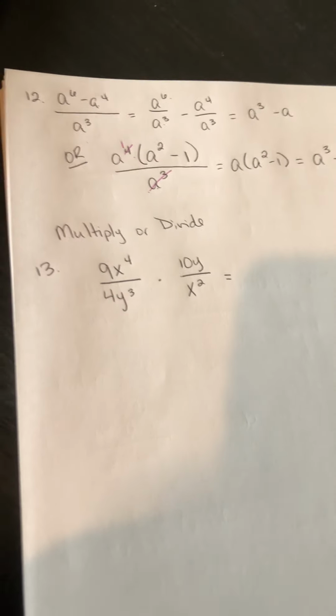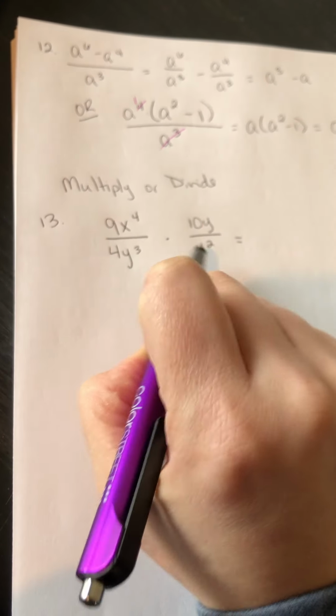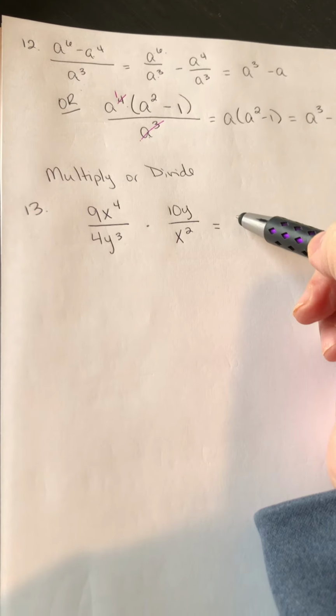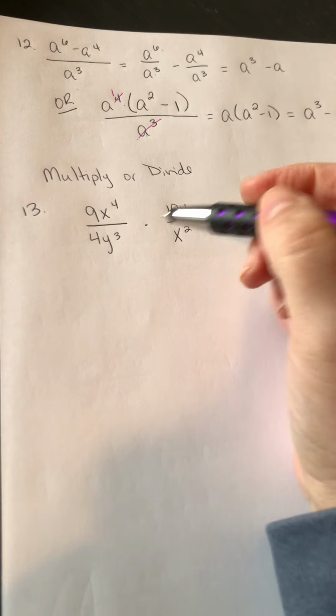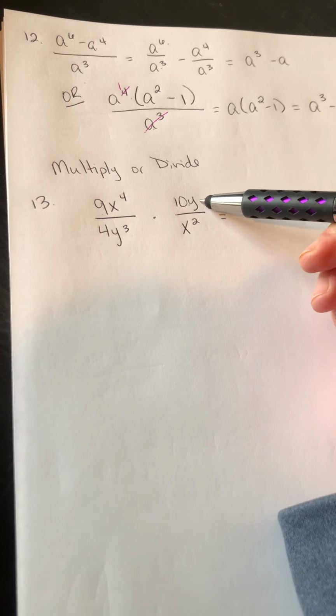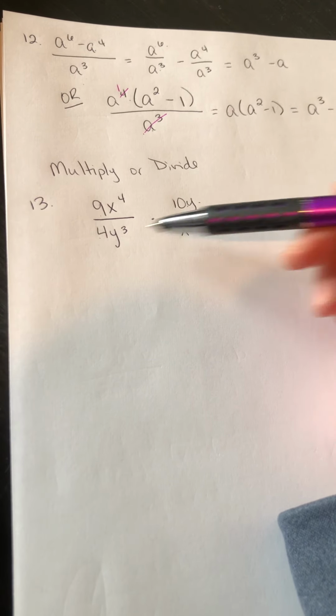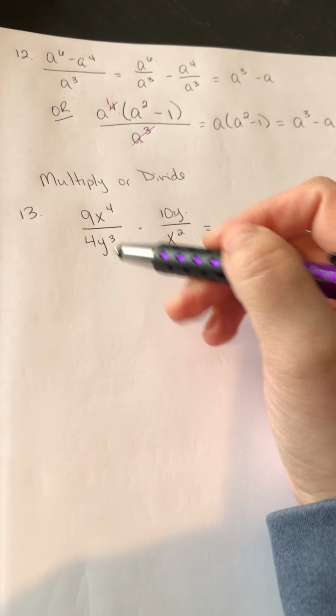Okay, so when you're multiplying fractions, you multiply the numerators and you multiply the denominators, and then you can reduce. It's usually easier to reduce first. So if you multiplied 9 times 10, you get 90x to the fourth y in the numerator, and then 4x squared y cubed in the denominator, and you could reduce that, which is fine.